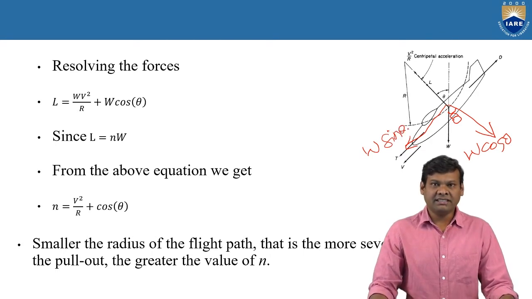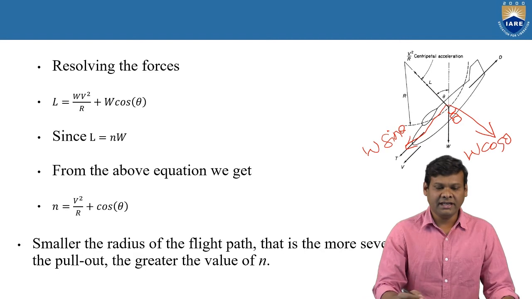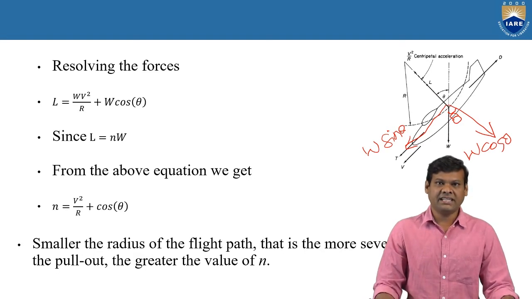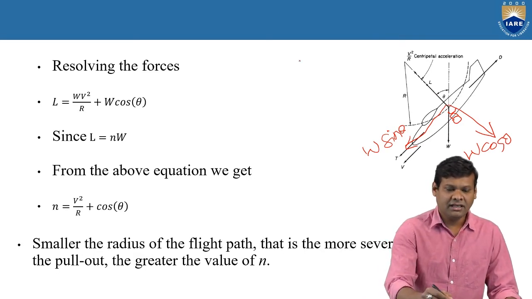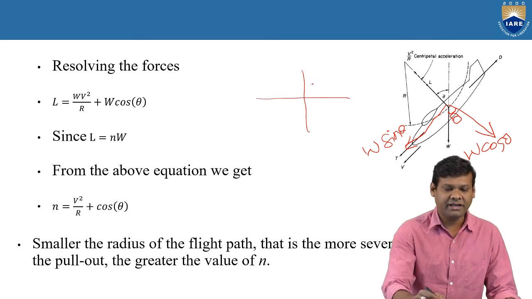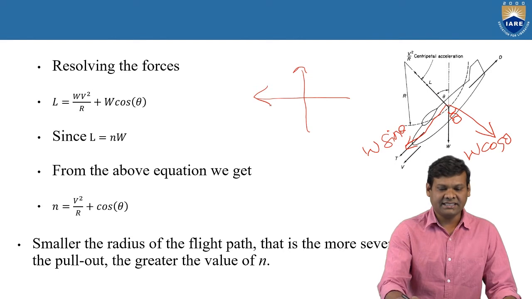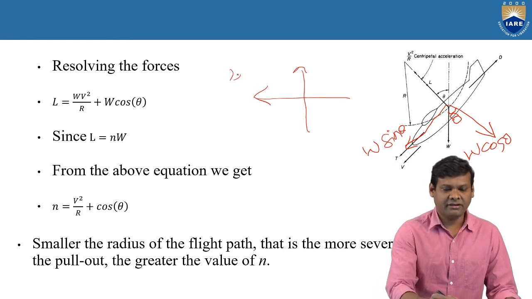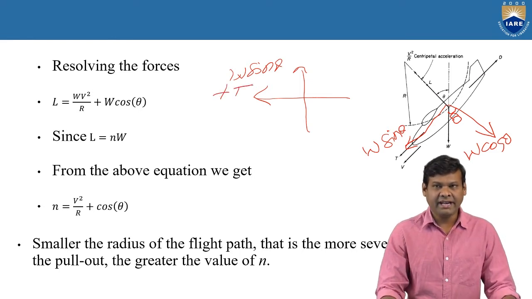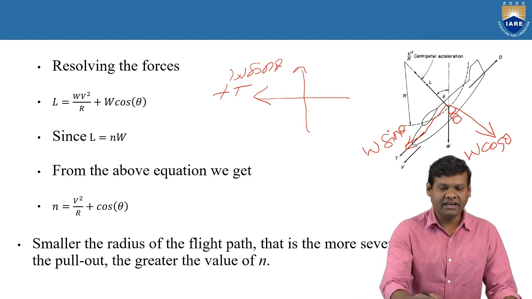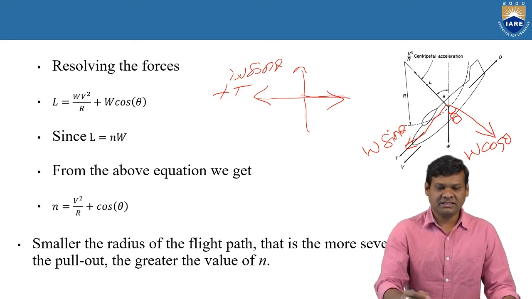Now let us resolve the forces and identify the forces acting along the direction of thrust. Let us draw the free body diagram. Along the x-axis we have W sin theta and the thrust force T, and opposite to these two forces we have the drag force, which is opposite to the thrust.